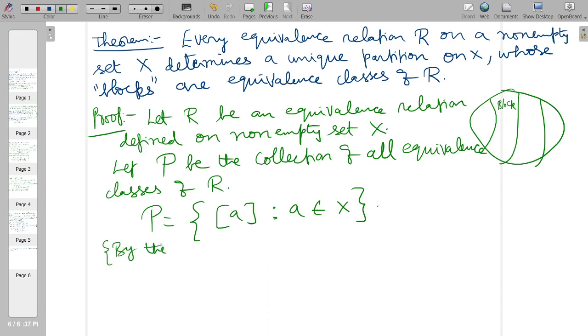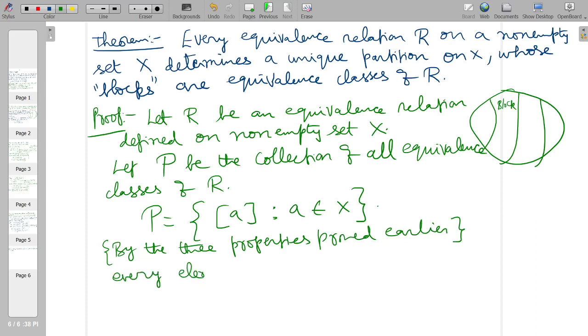By the three properties proved earlier, number one, every element in P is non-empty. Every equivalence class is non-empty, which will be property 1.